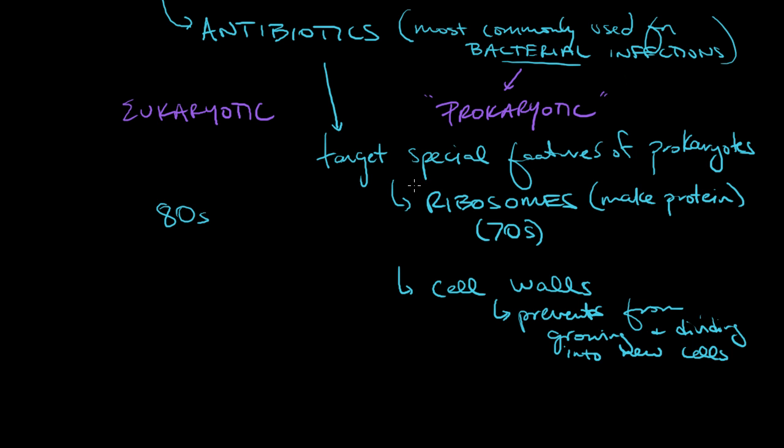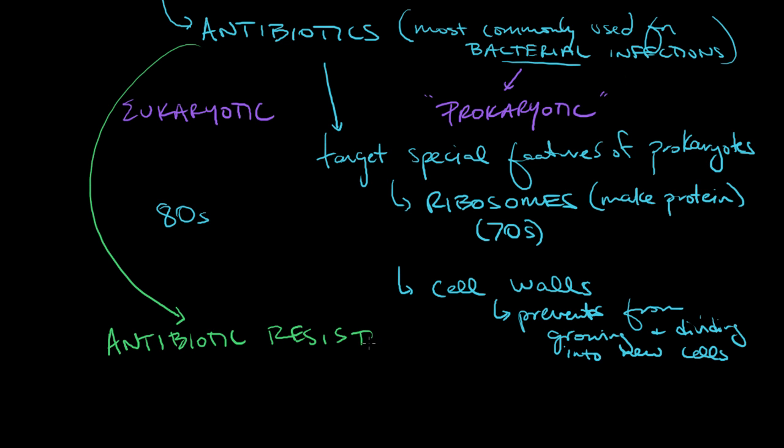It's kind of interesting that because we know there are key differences between prokaryotes and eukaryotes, we can design antibiotics. But what we should mention is that there could be some antibiotic resistance. That's something that we had learned about when we talked about evolution that could develop from these antibiotics.